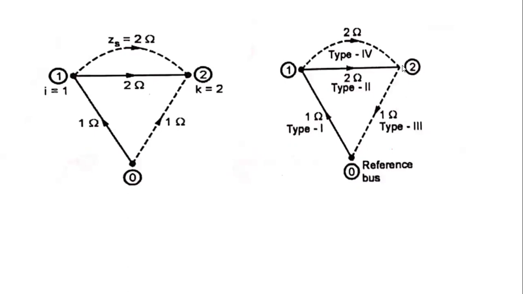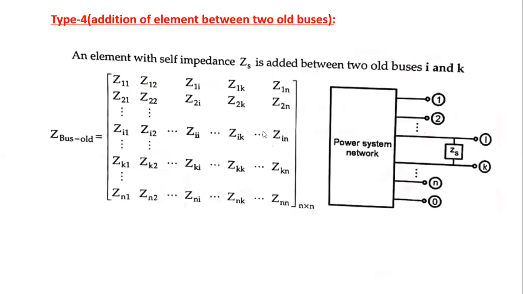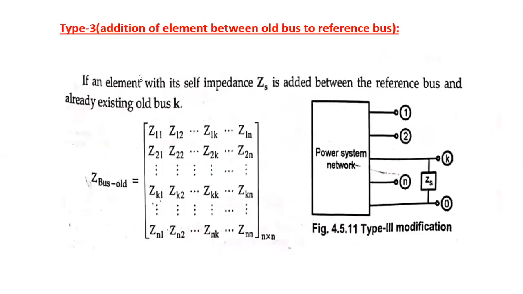That will be added in between the old bus and the reference bus. Suppose the element is added in between the old bus and the reference node, then this modification is called the type 3 modification.